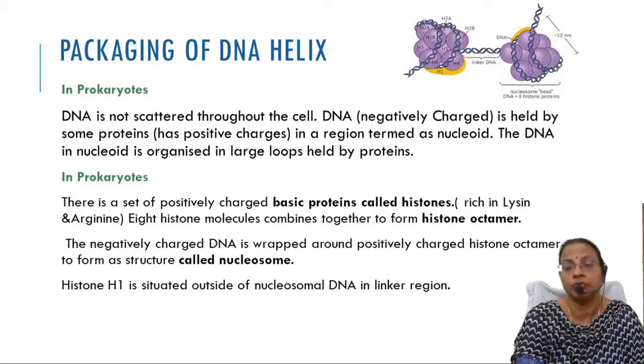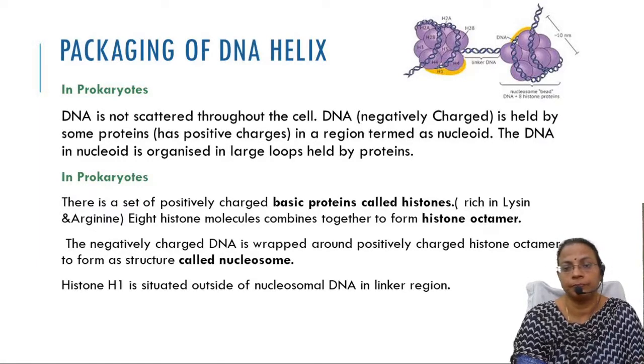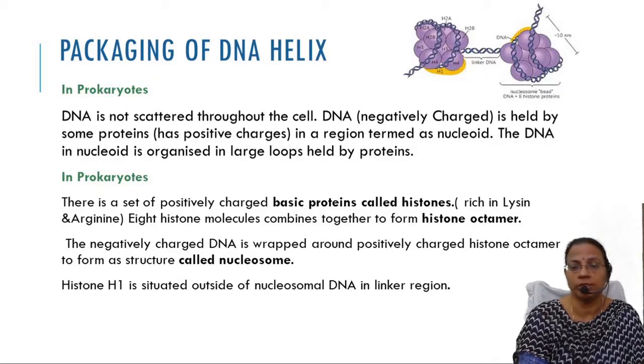So there will be a force of attraction between the positive and negative molecules. This histone protein is held together in the form of histone dimer units. Actually, 8 subunits are there. Since there are 8 subunits, it is called a histone octamer.